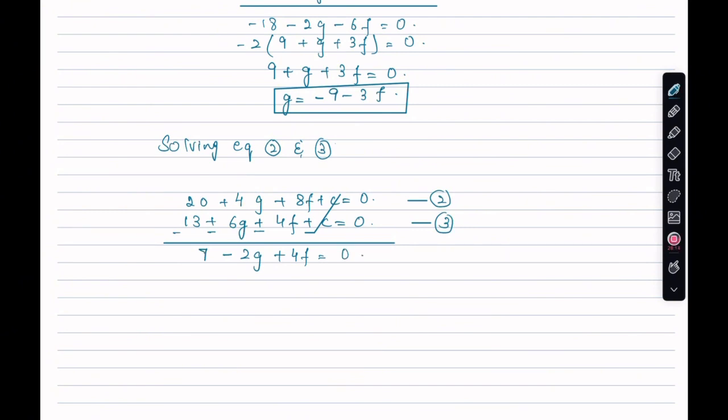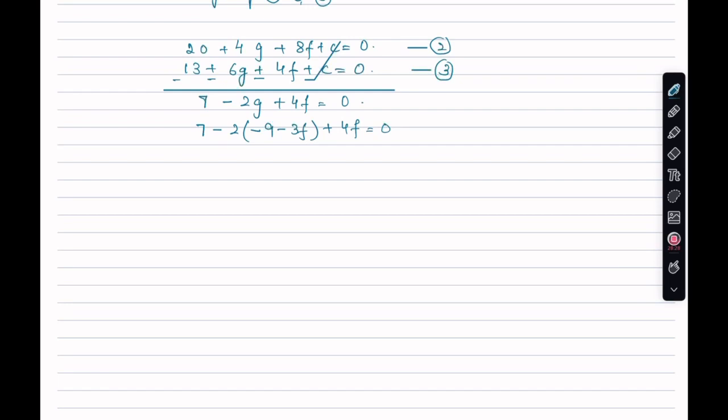So I already have g in terms of f, so I can substitute that g here. It's 7 plus negative 9, negative 3f, plus 4f, which equals 0. Solving it, I get 7 plus 18 plus 6f plus 4f equals 0, and 7 plus 18 gives me 25 plus 10f, which equals 0.